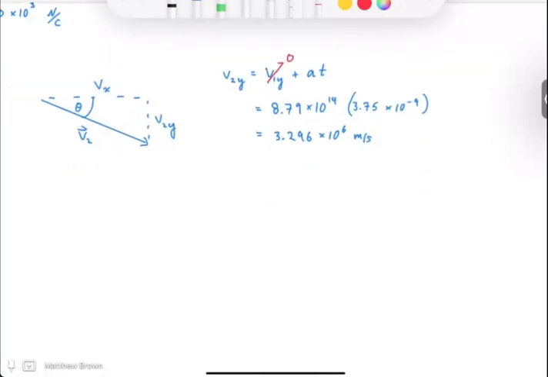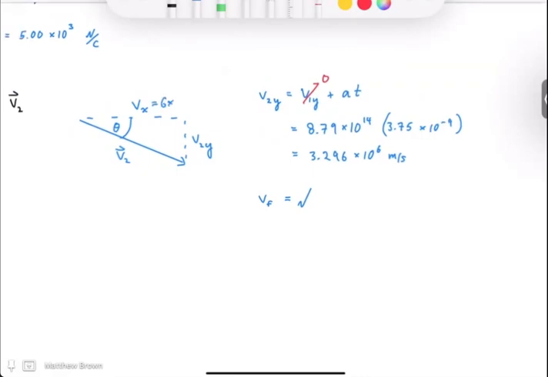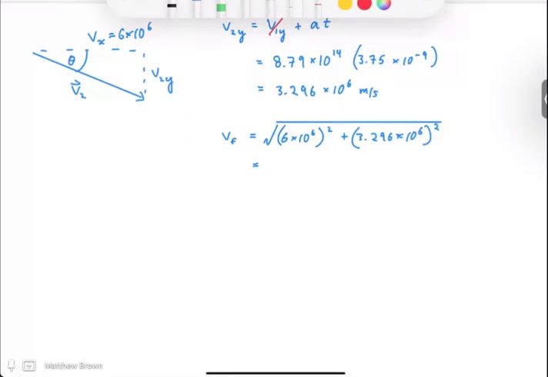We can say V final is just going to be the square root of both components squared. 6 times 10 to the 6 squared plus 3.296 squared. So the actual V is 6.846.